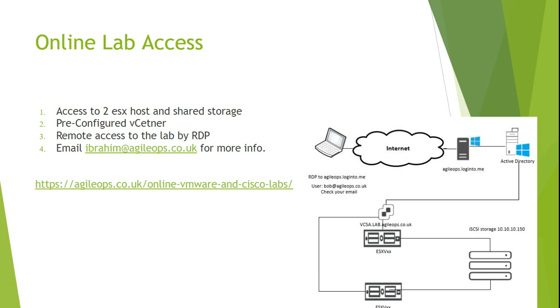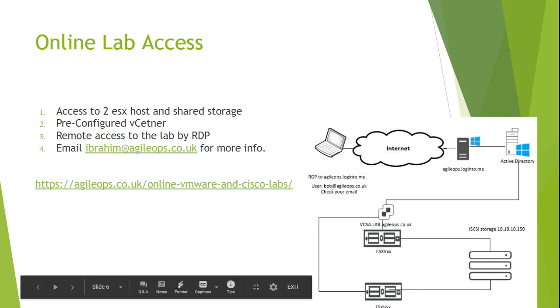So that's how simple it will be. It will be your first name dot last name at agileops.co.uk, which will be the domain user ID for you, and you can straight away start working on it once you get the access.